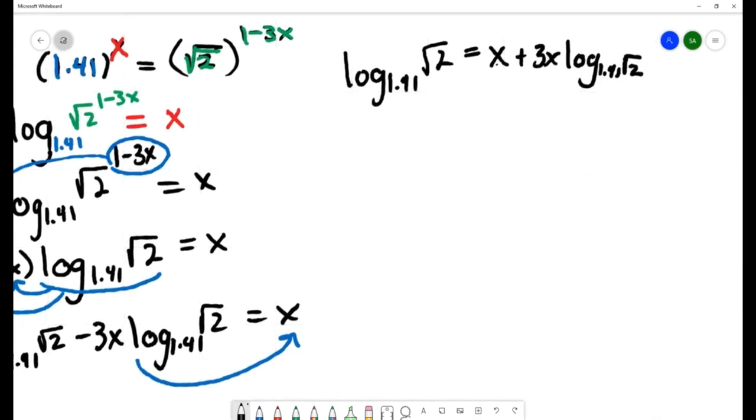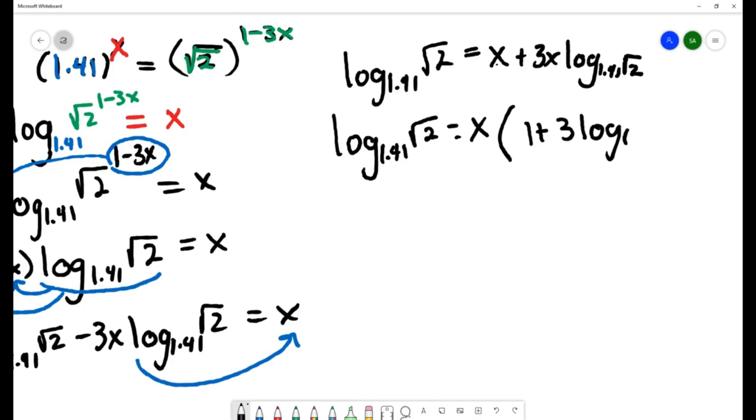And now that I've collected those x's, I can factor out the x. I'm factoring out the common x, and that would leave 1 plus 3 log base 1.41 of square root of 2. And I want to get x by itself by dividing by what's in the parentheses.